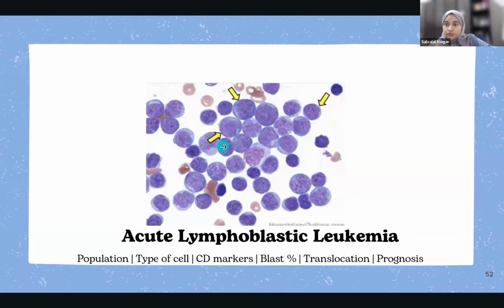You'll say that there are lymphoblasts with increased NC ratio, the nucleus to cytoplasm ratio. Most of the cells are covered by the nucleus, with scant cytoplasm, and it's deeply basophilic, blue for basophilic. So: high NC ratio, lymphoblasts, scant cytoplasm, basophilia.